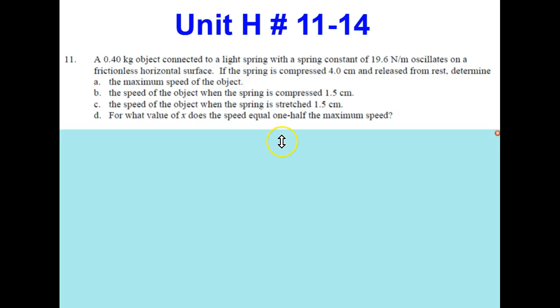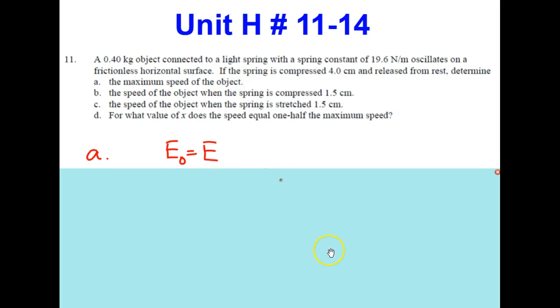Well, frictionless indicates, of course, that we're going to start with a conservation of energy approach here. And they want the maximum speed, and that would take place at the equilibrium position. So our initial state is when the spring is compressed and the object is at rest, so just elastic potential.